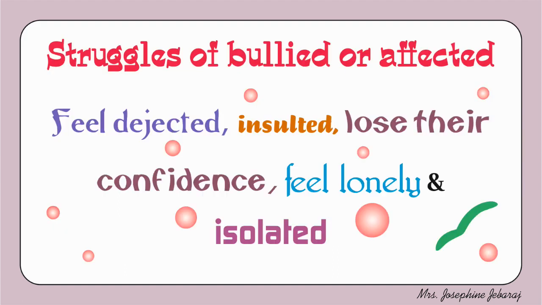Let's now go with point number 2, the behavior or struggles of people who are bullied or affected. Normally, children who are bullied feel dejected, insulted before others, lose their confidence and feel lonely and isolated.